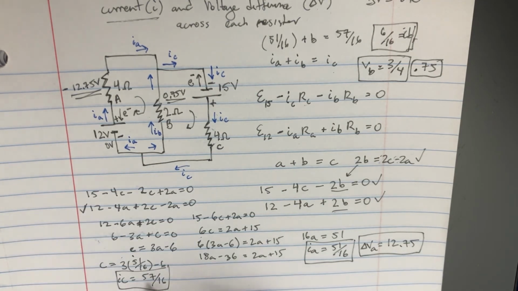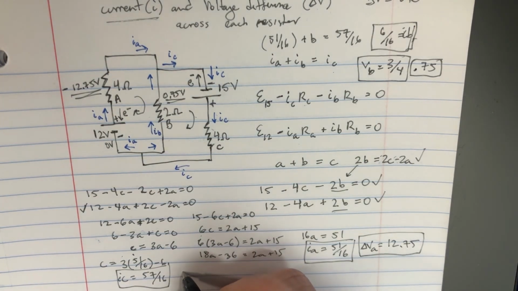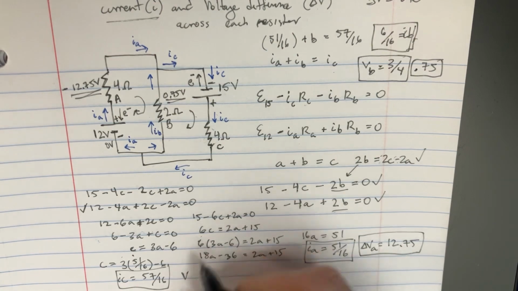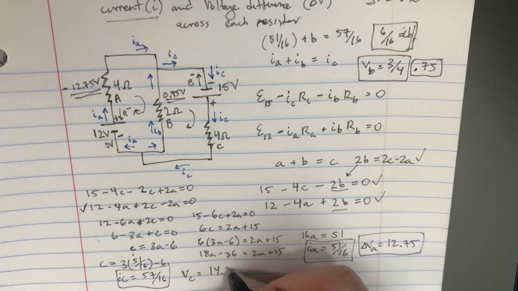Hold on. So set 57, and then we'll multiply that by 4. So 57 divided by 16 times 4, 14.25. So VC equals 14.25.